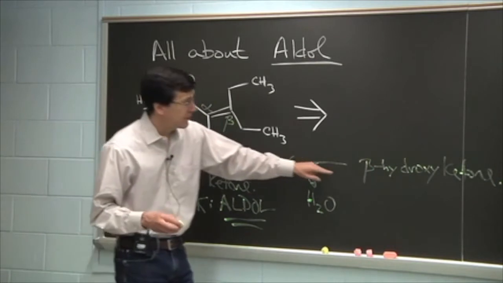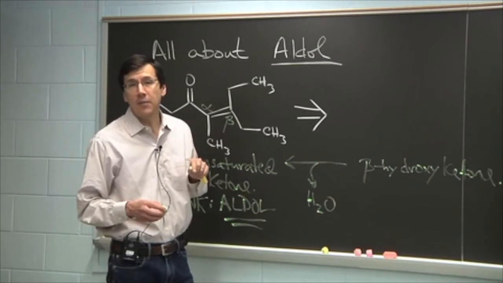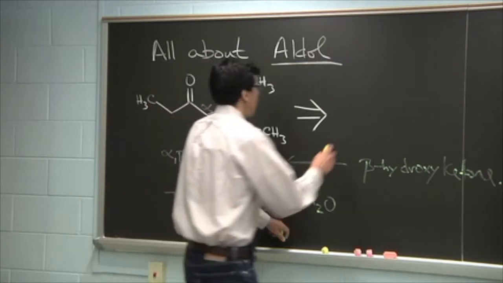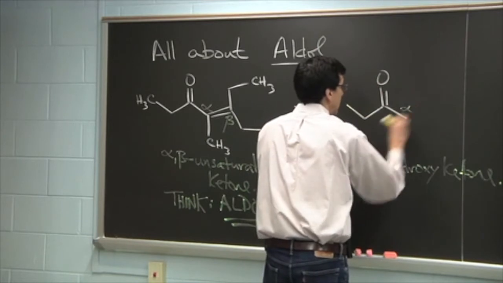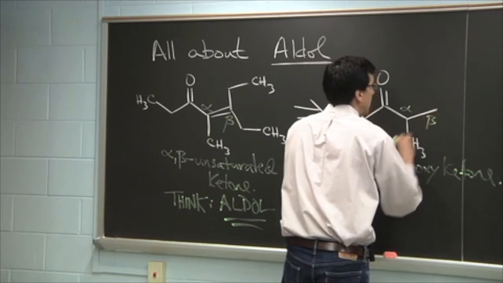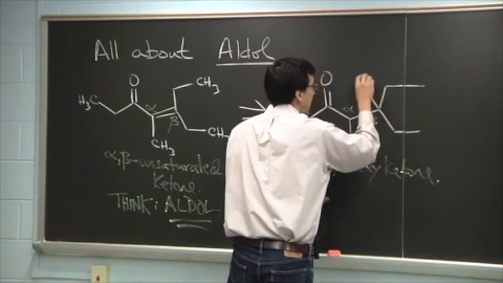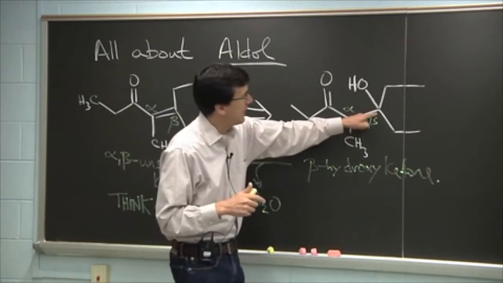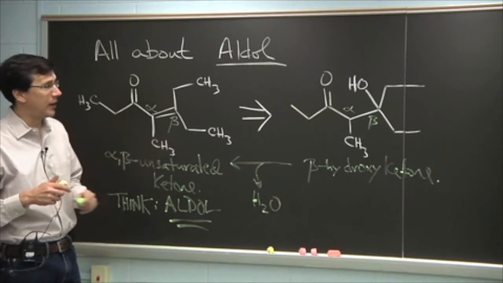So if you were having a hard time giving the retrosynthetic precursor of your final target compound, maybe that hint will be enough to get you started. So let's take this back then. Here's the alpha carbon. Here's the beta carbon. And what I need is a hydroxy group on the beta position. So this is a beta hydroxy ketone. That would be the precursor to the final product.